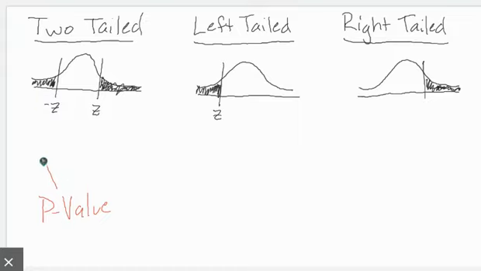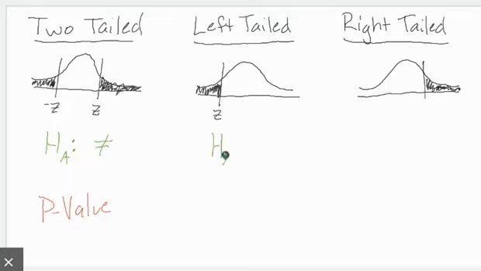How do I know if I'm going to run a two-tailed test, a left-tailed test, or a right-tailed test? Well, you will know what type of test to run based on the symbol in your alternative hypothesis. If the symbol in the alternative hypothesis is a not equal to sign, then you are running a two-tailed test.